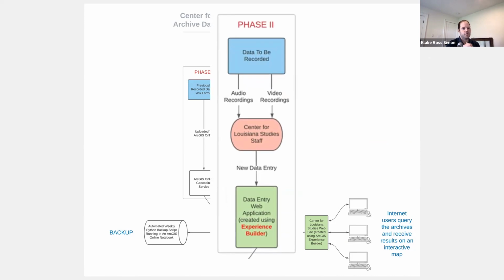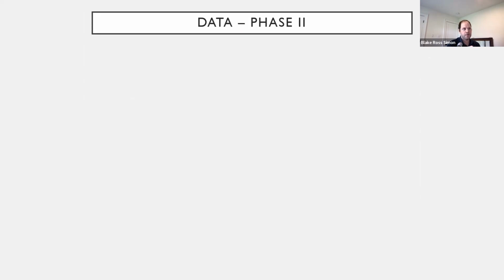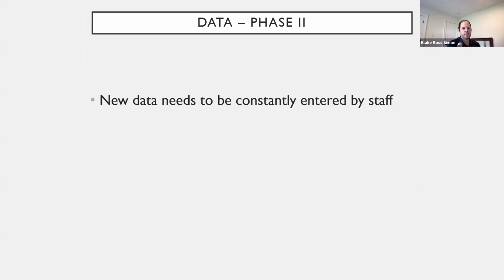Phase 2 requires the only input from the center staff within the data flow. Following the initial upload, the center keeps receiving recordings and videos that they convert to digital, and they have to have a way to append this to the original hosted feature service in ArcGIS Online.